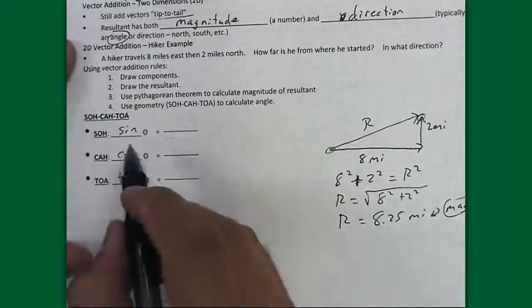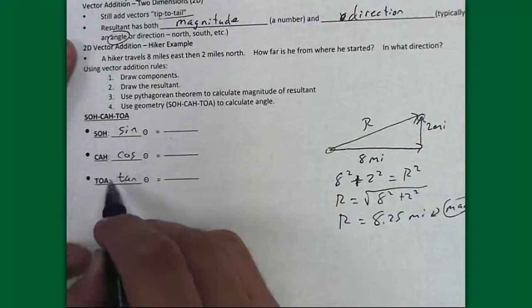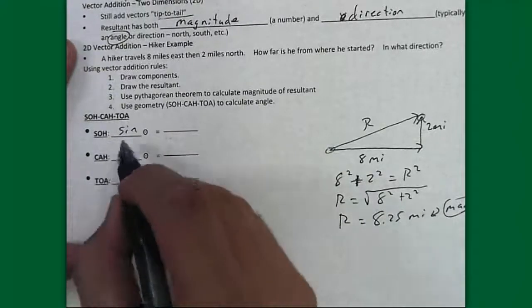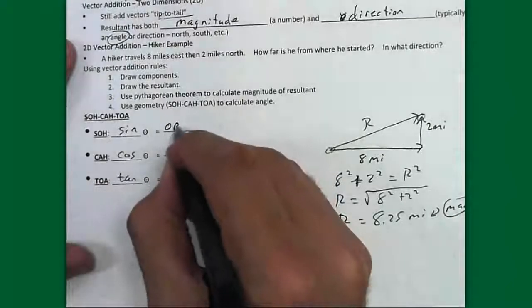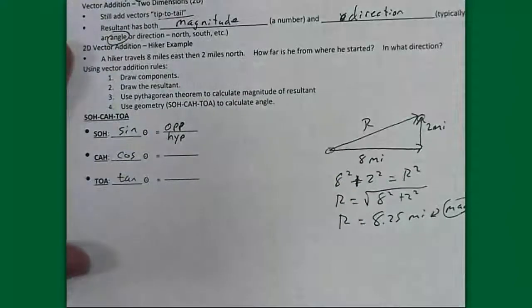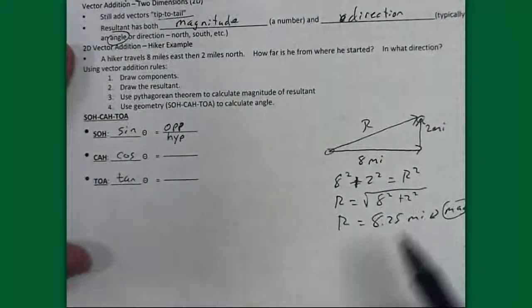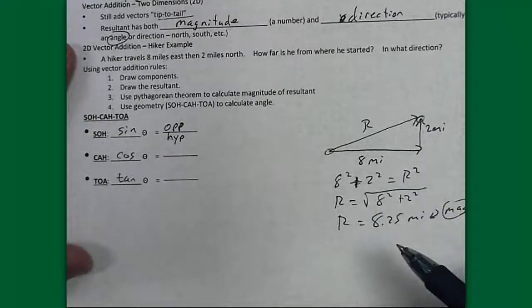You need to know that these letters SOH, CAH, TOA stand for something. S is sine, and the O and the H in this case is opposite over hypotenuse. And you might say, well, what does that mean? If you can't remember this, here's what I mean. We call these sides 3 different names based on what angle we're dealing with.